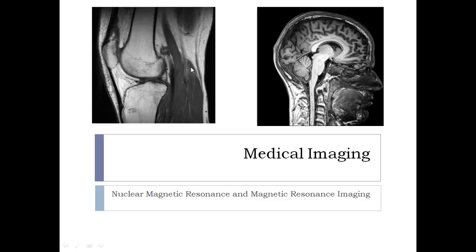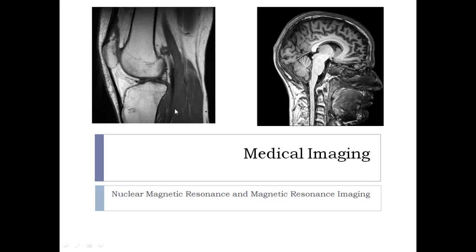And what we can see here is that we are able to distinguish a lot of the different tissues using this type of scanning. So this is in contrast to the X-ray imaging and the ultrasound imaging, where we could make out only certain different objects.